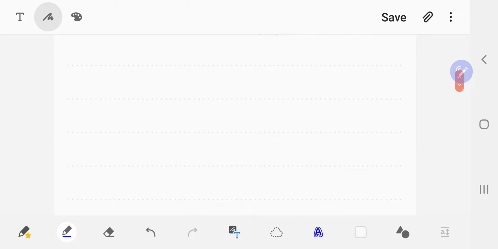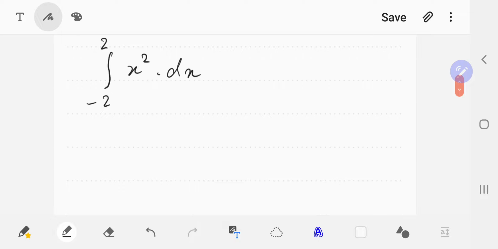Now, how would that affect the integration? Let's say that I have integration from negative 2 to 2 of x squared dx. What does this mean as an integration, definite integral? Well, let me remind you.